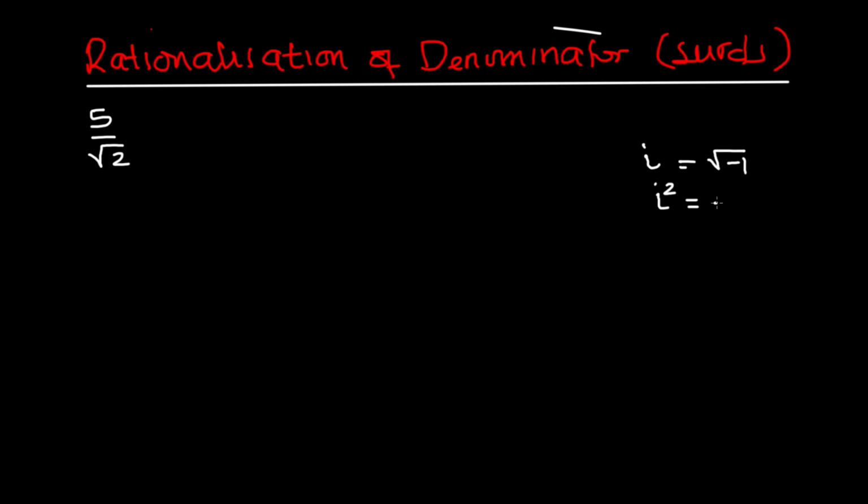Okay, so we said that i squared is -1, owing to the fact that when we square this, we are squaring from the premise that the radical is actually a power of half, and then if we square it, this can cancel out and give us -1.